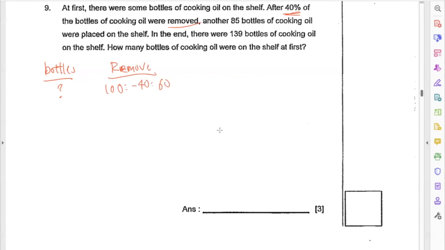Simplify this: 5 minus 2 divided by 20. Next, 85 bottles were placed on the shelf, so we added another 85 bottles. Finally, there are 139 left.